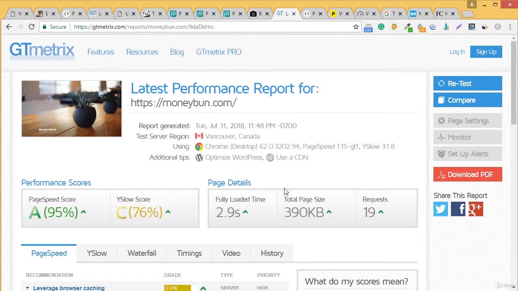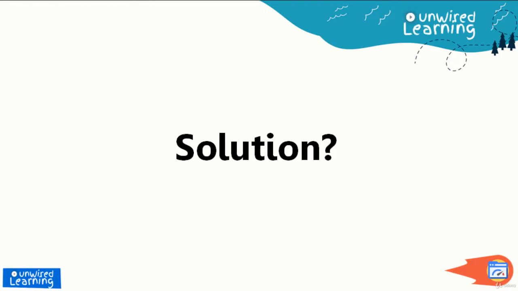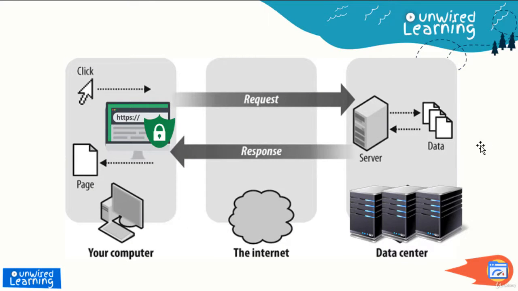More importantly, let's go back to our knowledge section and understand what actually happens when we try to visit a website or a web server. There are two processes that happen when we send a request: we ask for some information and then the server replies.